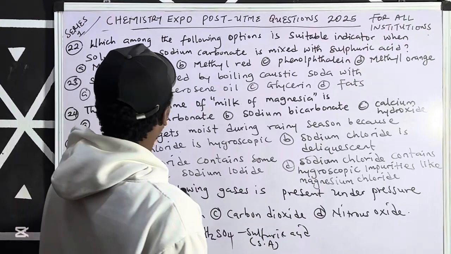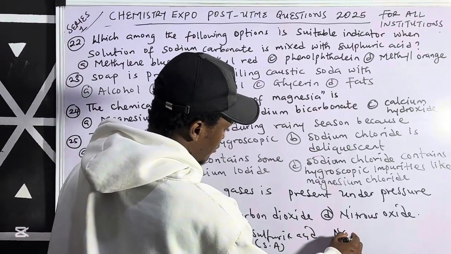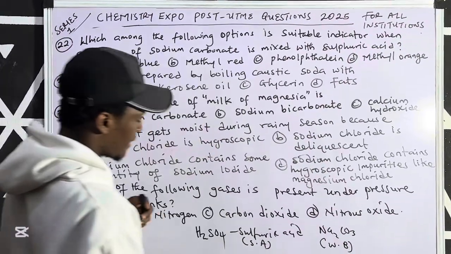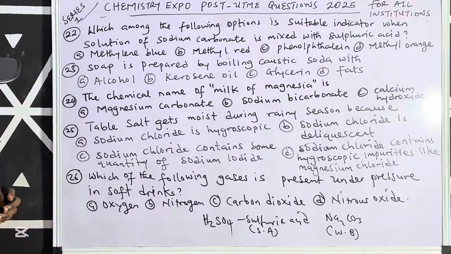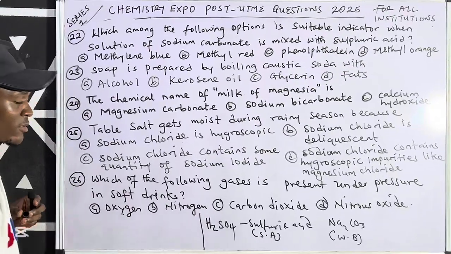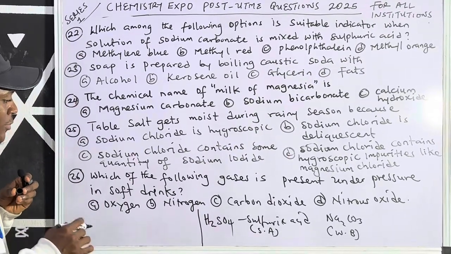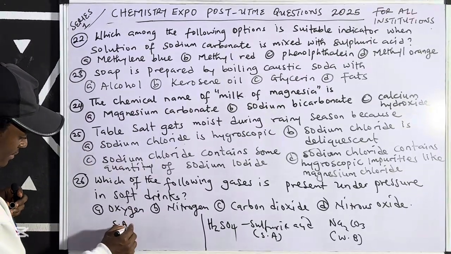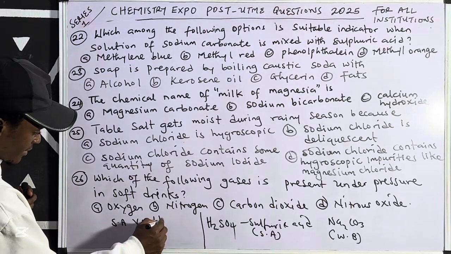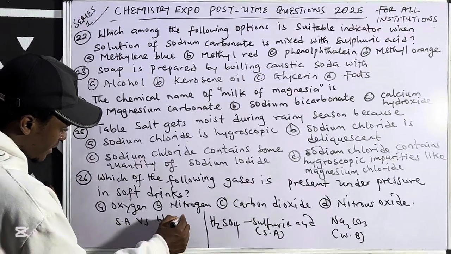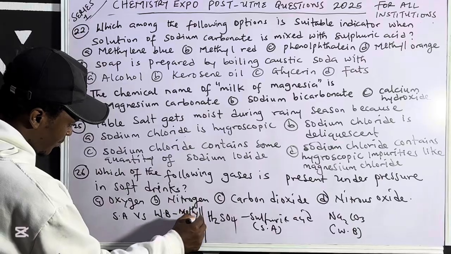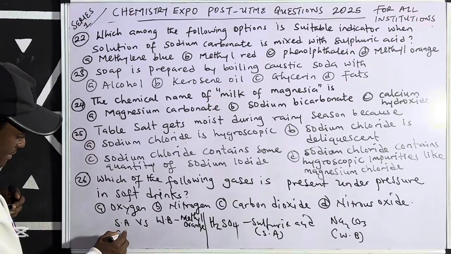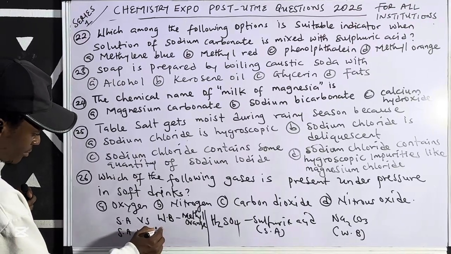Then sodium carbonate, which is Na2CO3, is a weak base. Now, one very important thing that you need to know is this: the most suitable indicator for a reaction between a strong acid versus a weak base is methyl orange. Then what about strong acid versus strong base?